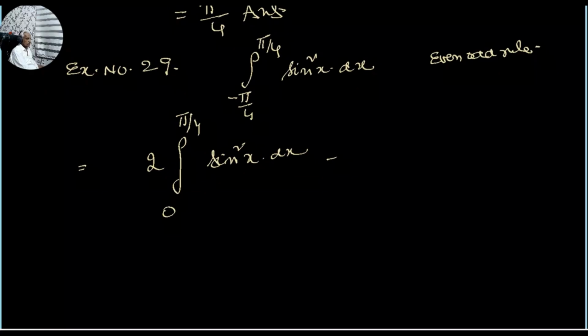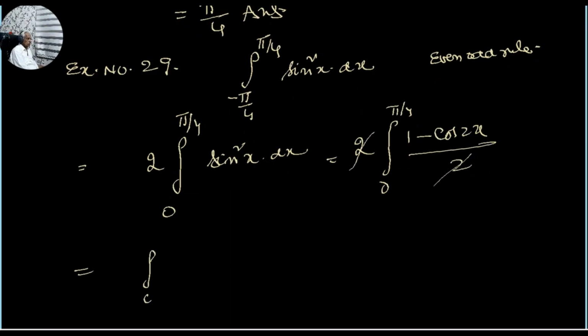So this is equal to 2 times the integral from 0 to pi by 4 of (1 minus cos 2x) by 2. And this is equal to the integral from 0 to pi by 4 of dx minus the integral from 0 to pi by 4 of cos 2x dx.